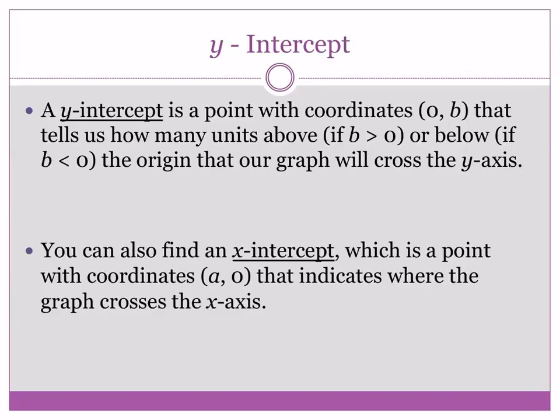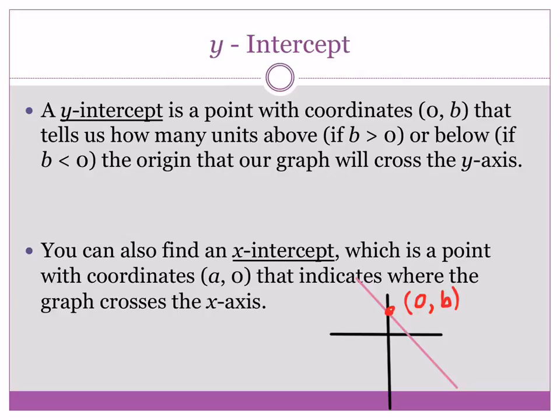So when you're looking at the graph, and let's say that it looks like this, then this point right here would be your y-intercept, and it has the coordinates 0, b. Okay, height of b.